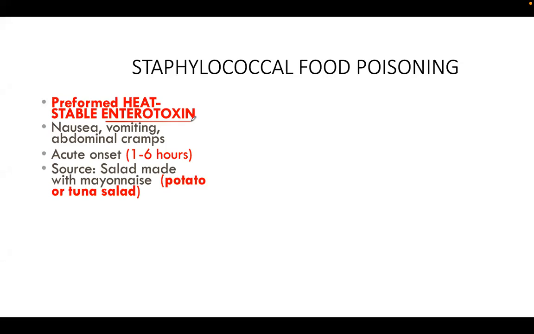Now this enterotoxin is a stable, pre-formed, heat stable enterotoxin. So please take note of this. Now, what are the usual foods that are associated? The usual foods associated with staph food poisoning are going to be salads which contain mayonnaise, like potato salad or tuna salad.